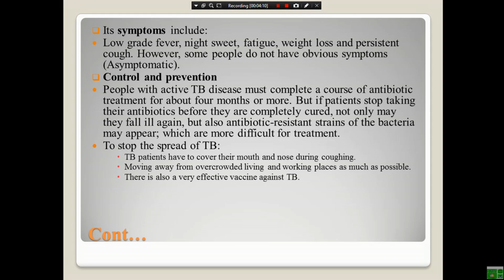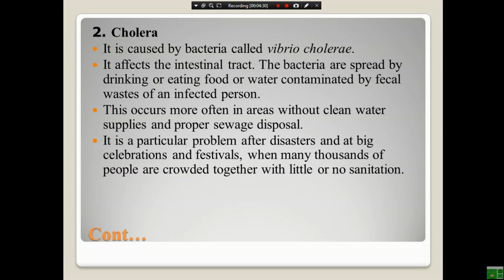Dear students, to stop the spread of tuberculosis, tuberculosis patients have to cover their mouths and nose during coughing, moving away from overcrowded living and working places as much as possible. There is also a very effective vaccine against tuberculosis.